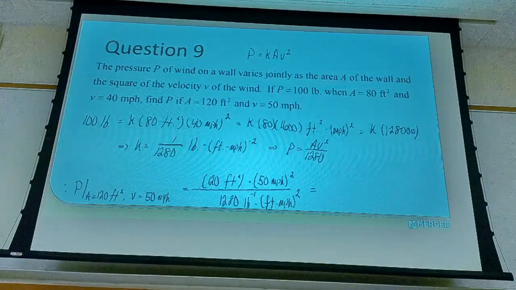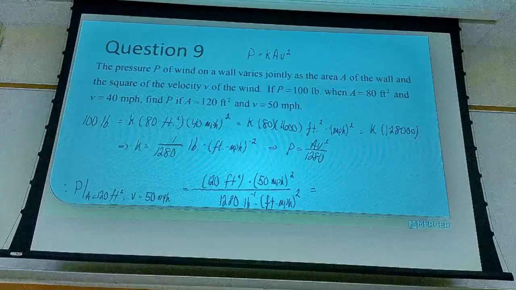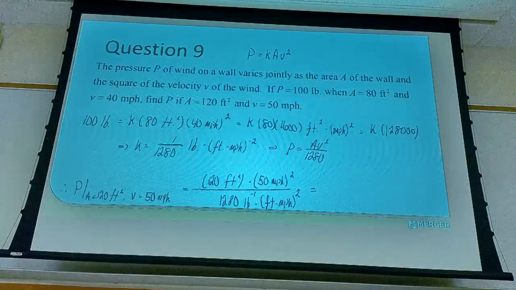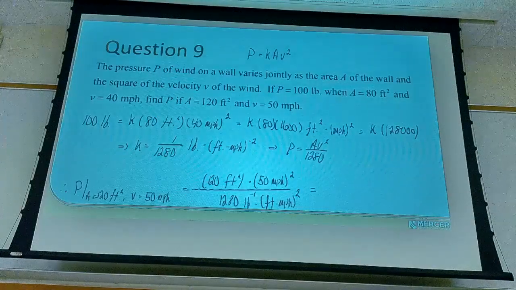What would be easier? 120 times 50. Oh, that's squared though, that's right. So cancel out the 10s in the 120 and the 1280. You're going to have 12 over 128.